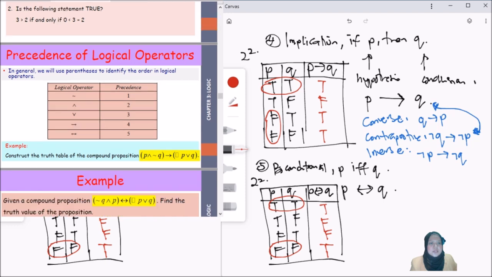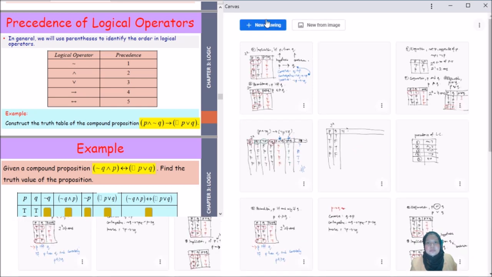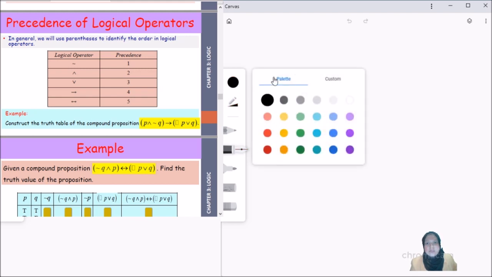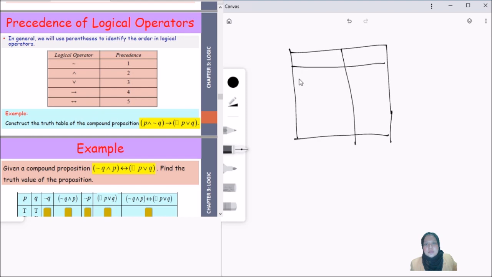Okay, last one. We look at the precedence of logical connectives. Among the 5 types of logical connectives, they have their own precedence. The first priority is not.